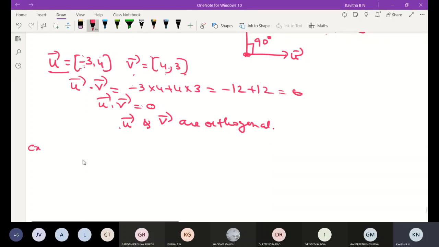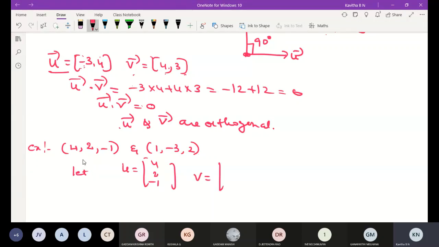Then take one more example. Determine whether the vectors 4, 2, minus 1 and 1, minus 3, minus 2 are orthogonal. Let this be the u vector: u is 4, 2, minus 1 and v is 1, minus 3, minus 2. u dot v is equal to 4 into 1 plus 2 into minus 3 plus minus 1 into minus 2.